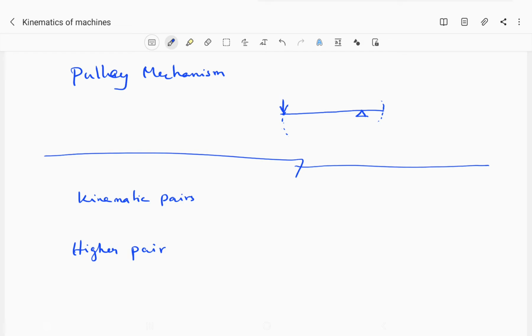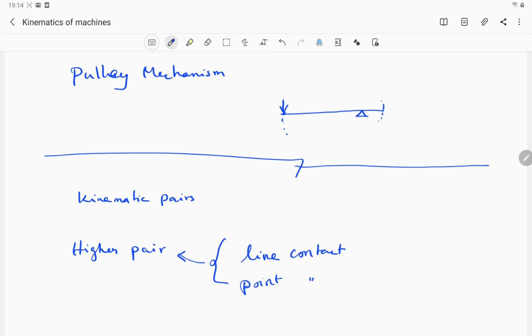Higher pair is defined such that between body 1 and body 2, the connection is such that they are in contact in the form of a line or a point contact. Such a thing is known as higher pair. If you notice, the pairs which we have discussed will not fall under this category. So which will fall under this category?